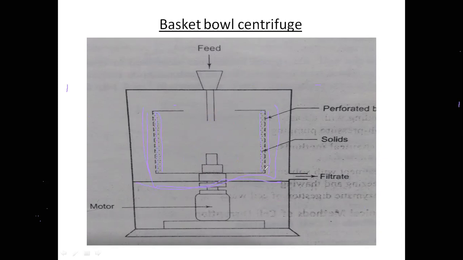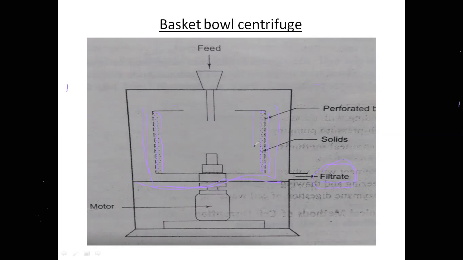And the liquid part, along with the solid, we can separate separately, as a filtrate. That's why we can say it is similar to the filtration process. But here a motor will be there, along with the centrifugal force, and we insert the perforated basket. Because of the perforated basket, solids will be separated.